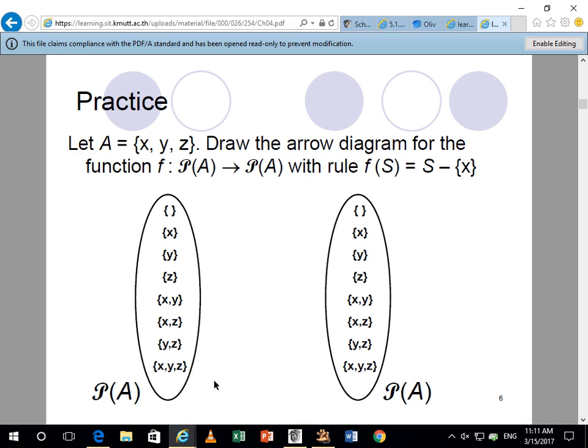X, subtract X, you get nothing, right? So this maps to that.